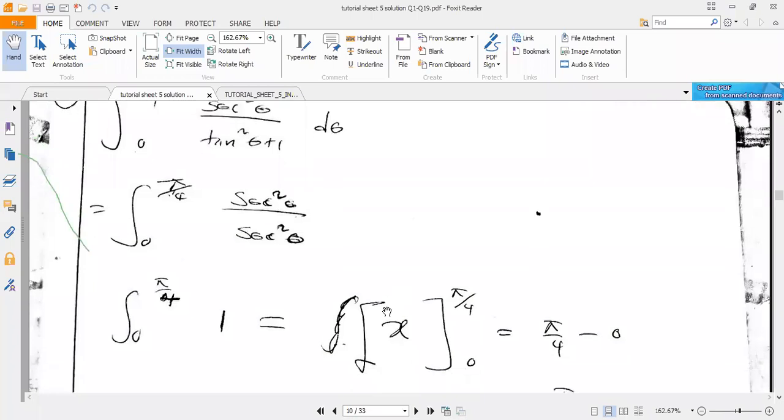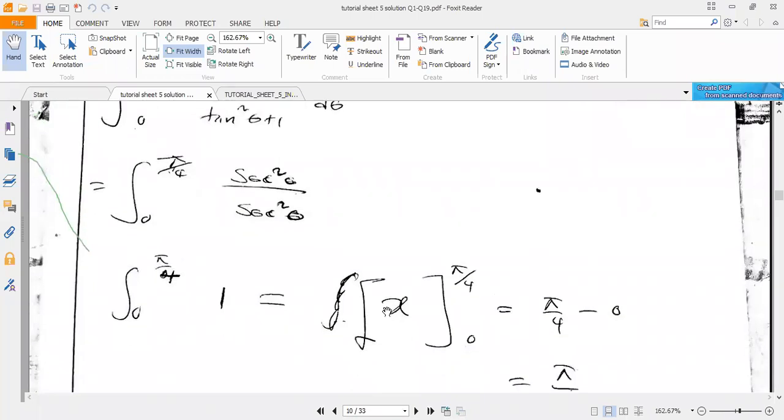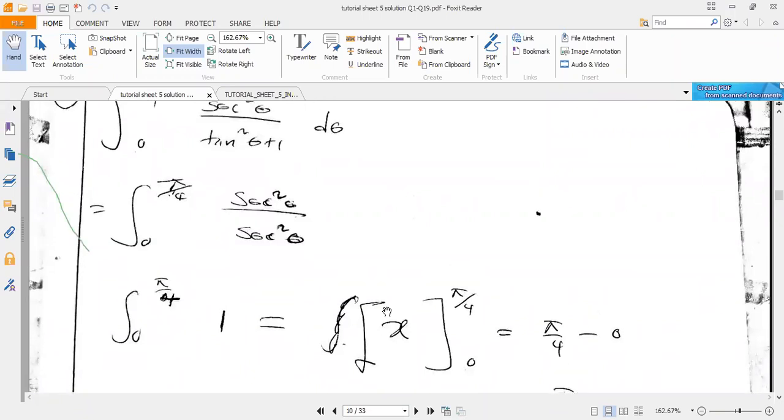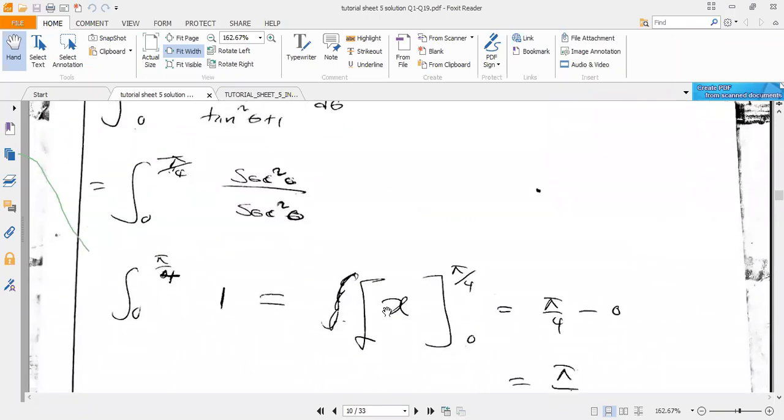Then we are integrating that. Sorry, where there's x, you should put theta, because we're integrating with respect to theta. So it will now be the integral from 0 to pi over 4 of 1 d theta, which is equal to theta, evaluated from 0 to pi over 4.